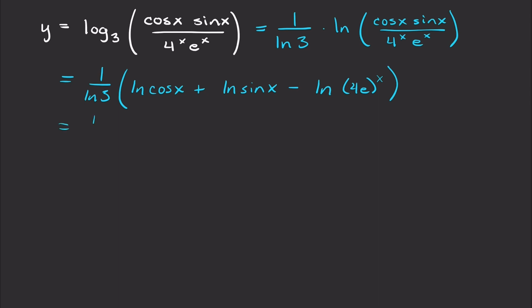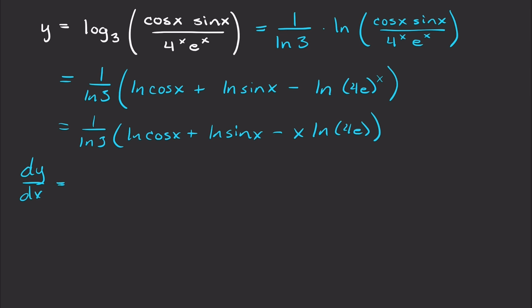Okay, now I can use my properties of natural logs to rewrite that last term. So I'll just rewrite these, and I can bring down this x, and then this is just x times the natural log of 4e. Now I can take a derivative, dy dx, and get 1 over the natural log of 3 will just come out.